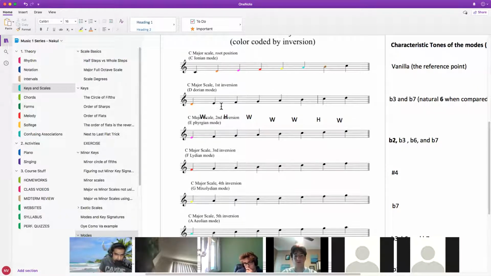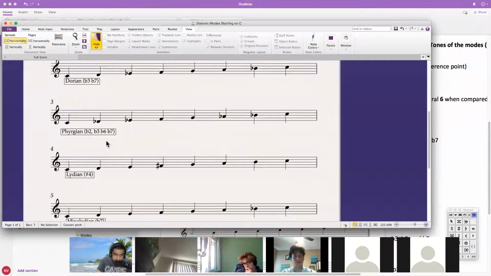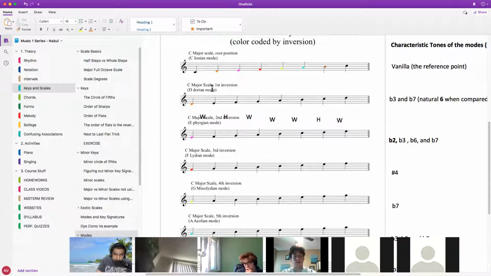That's another way of getting to the same conclusion. There are two ways to get to it. You could literally build a D major scale and then flat the 3 and flat the 7, or you could start with a C major scale and invert it. Those are two equivalent ways of getting to the same thing.